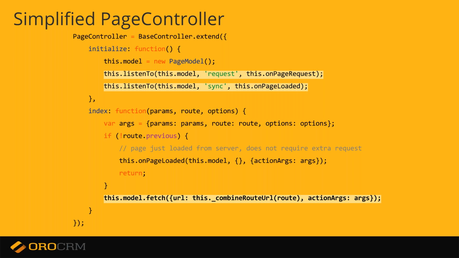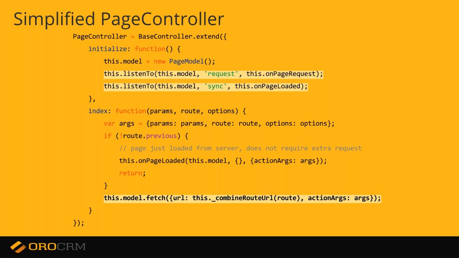Controller's constructor creates page model and subscribes to its synchronization events, request and async. Once the action method is executed, page controller will fetch a model from the server, if it is not a first page request.